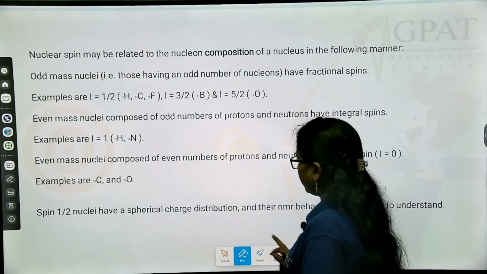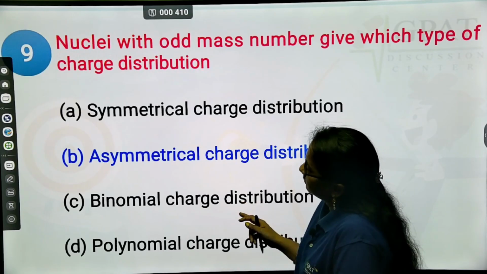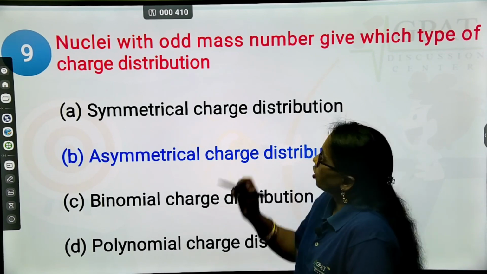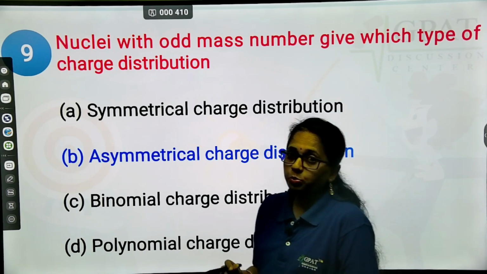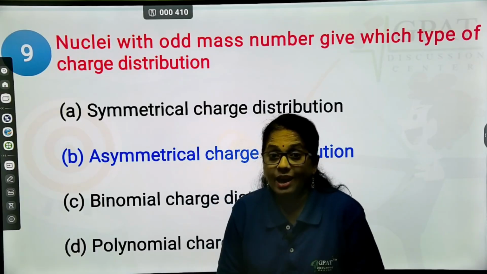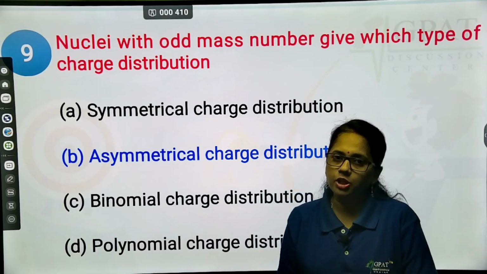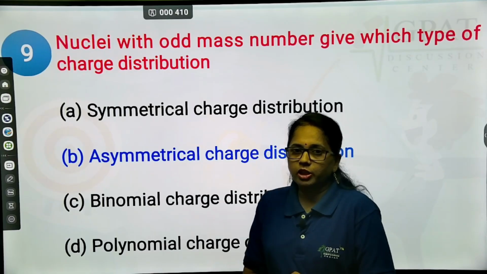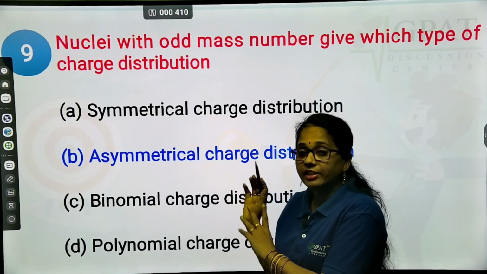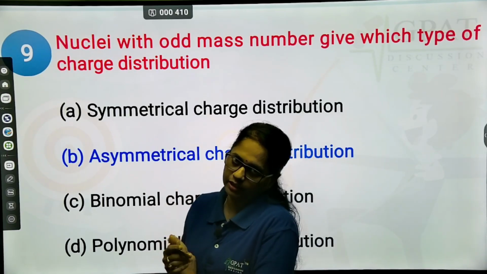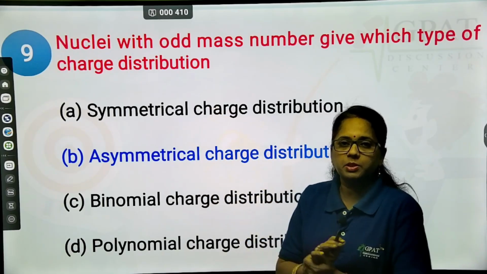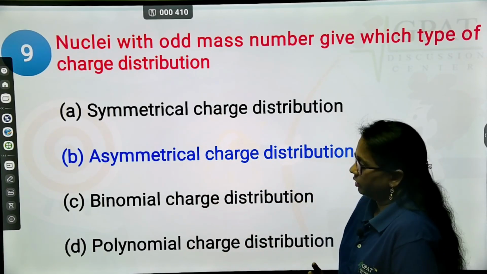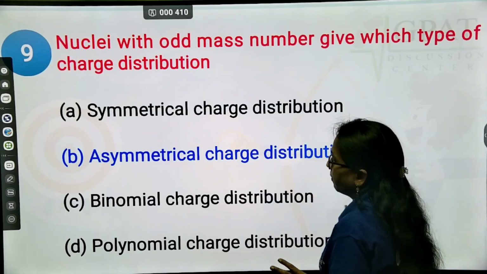So the question is: what is the charge distribution of nuclei with odd mass number? Odd mass numbers give an asymmetrical charge distribution, while even mass nuclei give integer spin values 1, 2, 3 like that. In this way you can remember it.